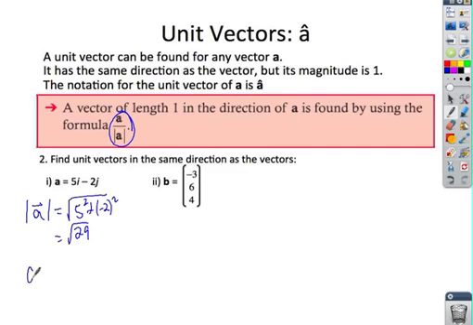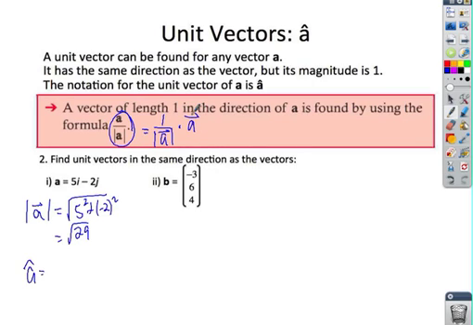And now the unit vector is simply going to be, and I'll just add here, that the formula can also be expressed as 1 over the magnitude of vector A times vector A, as a product.